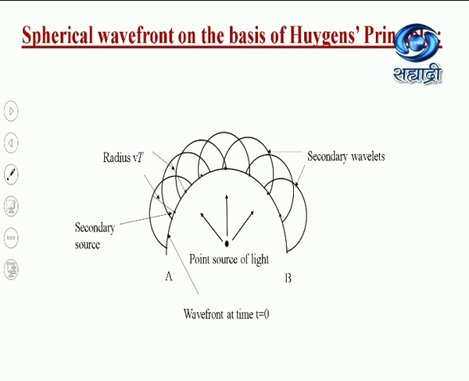So to draw the new wavefront, we take this point source, primary source, as our center and the radius equal to the distance from the point source to the secondary wavelet.